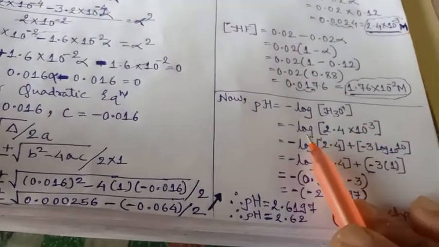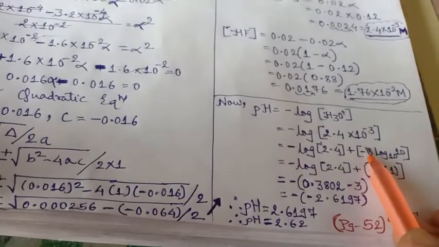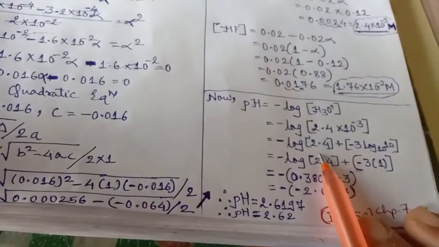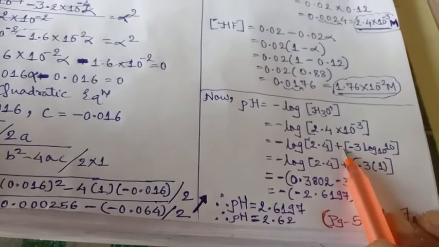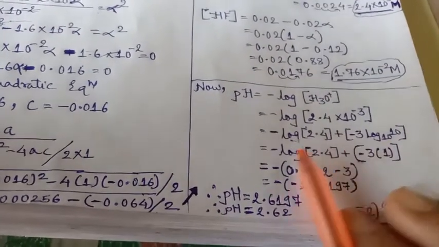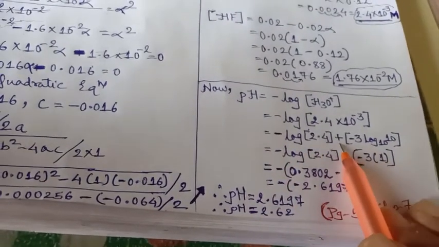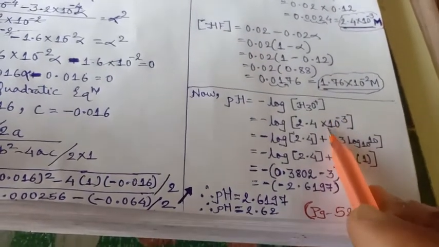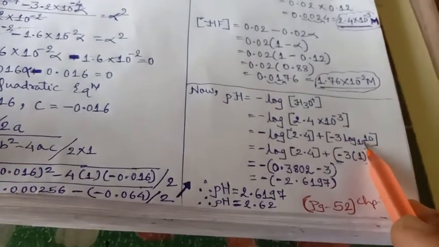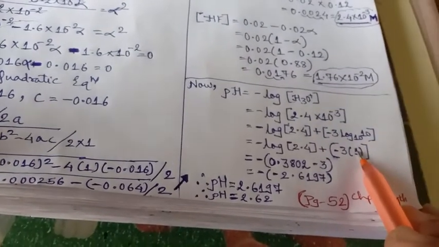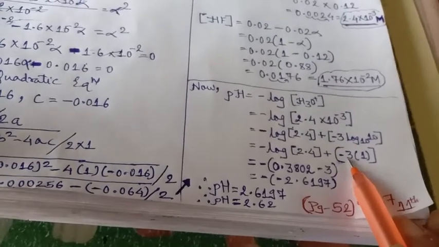Putting the value: minus log 2.4 into 10 raised to minus 3. Now we know for the log, multiplication will take place as positive, that is operation addition. So minus log of 2.4 plus power will be taking position of coefficient. So minus 3 log of 10 to the base 10. 10 to the base 10 is 1. So 1 into minus 3 will be minus 3.